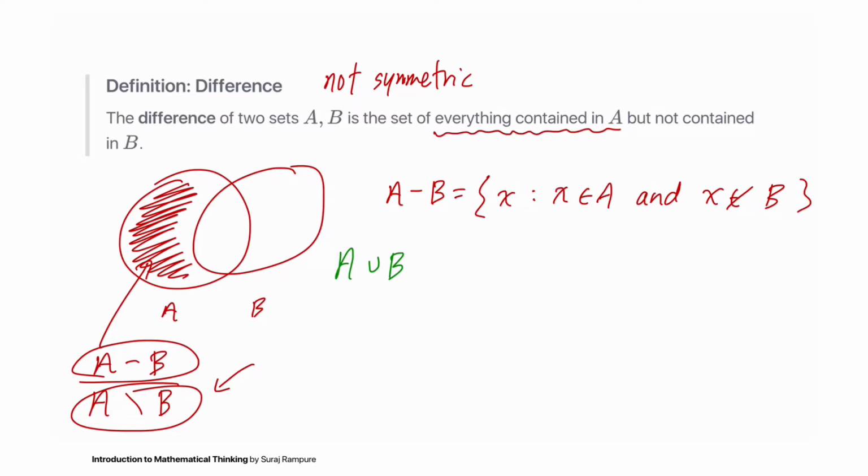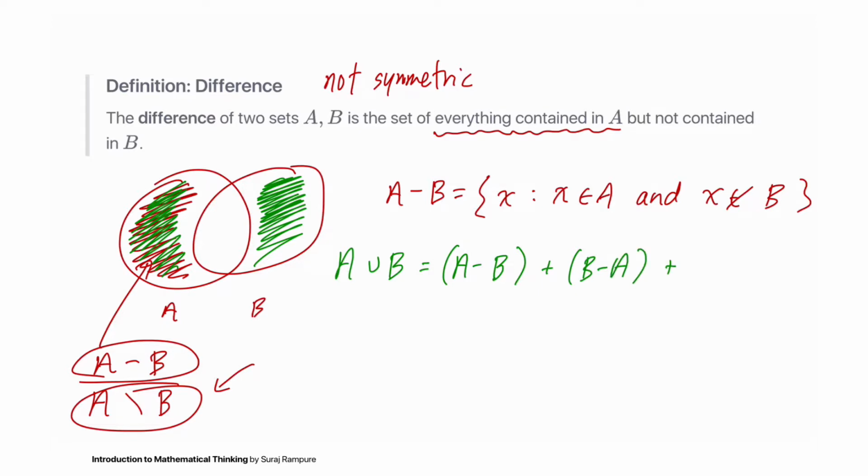It consists of the difference of A and B, which is this part right here, plus the difference of B and A, which is right here, plus the intersection of A and B, which is right here.